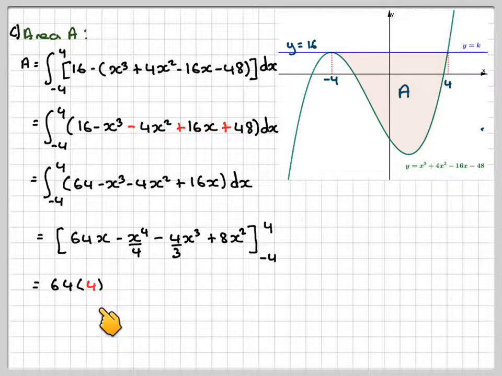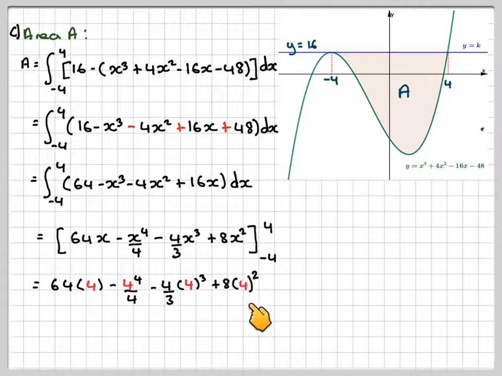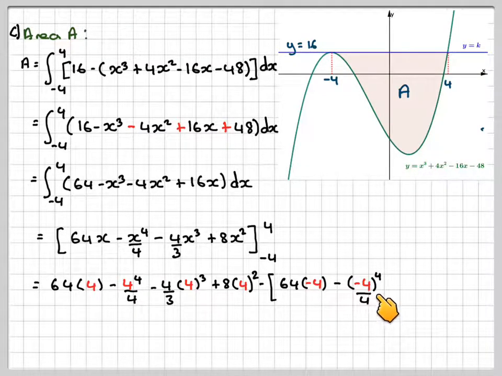So 64 times 4 minus 4 to the 4 divided by 4 minus 4 thirds times 4 cubed plus 8 times 4 squared minus, put it into brackets, 64 times minus 4 minus 4 to the power of 4 divided by 4 minus 4 over 3 times minus 4 cubed plus 8 times minus 4 squared.